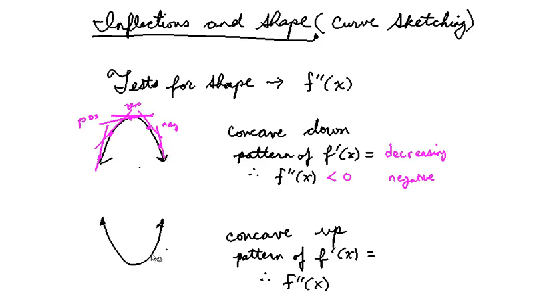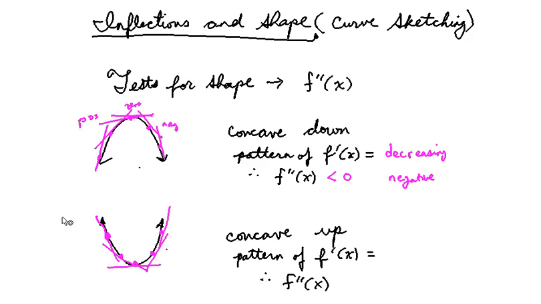So likewise, when we look at a concave up curve, let's take a look at the graph. Let's investigate what's happening to the slopes here. What's the pattern of f prime of x? Here it's a very steep negative, so it's very negative. Here the slope is less negative. Here the slope is 0. Here the slope is positive, and here it's very positive.